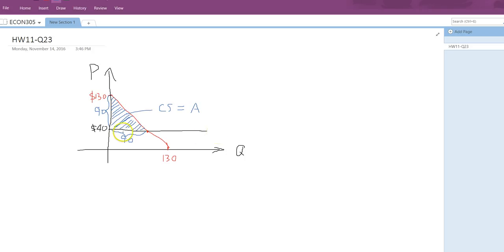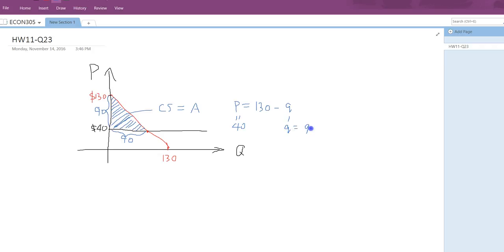You can also check this by noting that when the price equals 40, since the inverse demand line is P equals 130 minus Q, Q must equal 90.